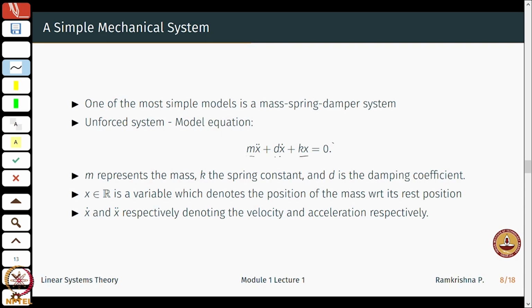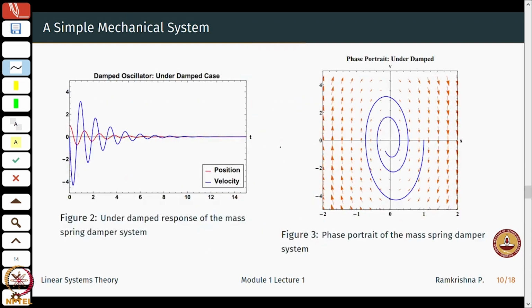That is what happens even when you switch off a fan, right. There is no external input, so eventually your system will come to rest, dissipating all the energy as heat or whatever. Okay. So, these are the typical evolution of the position and the velocity in an underdamped case.